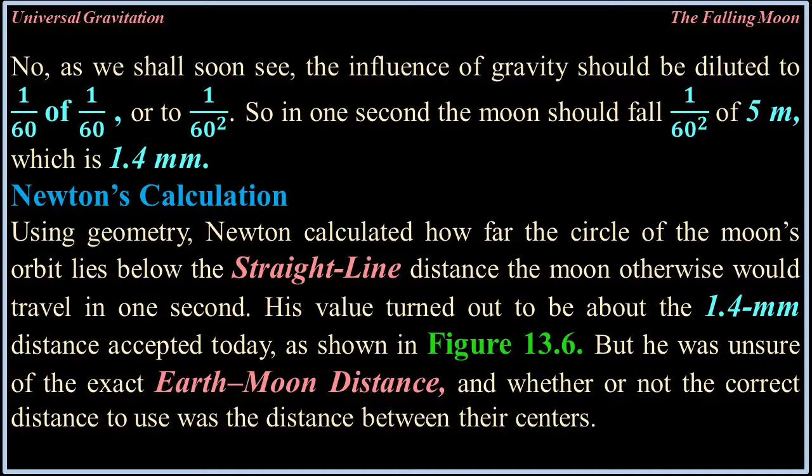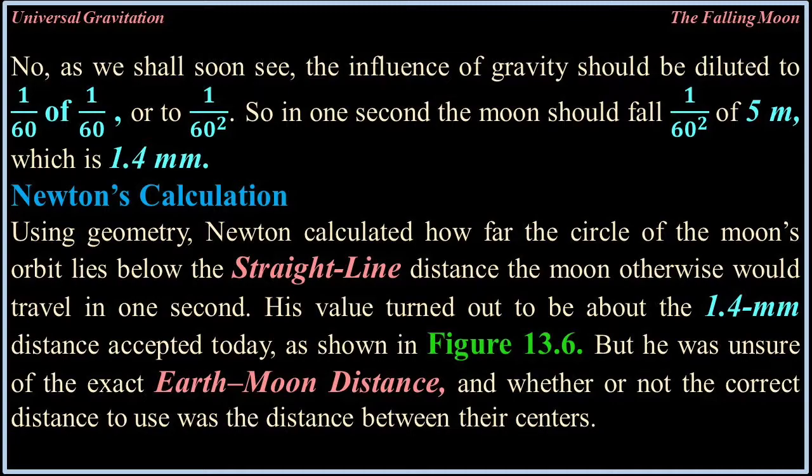No. As we shall soon see, the influence of gravity should be diluted to 1/60th of 1/60th, or to 1/60th squared. So in 1 second, the moon should fall 1/60th squared of 5 meters, which is 1.4 millimeters.